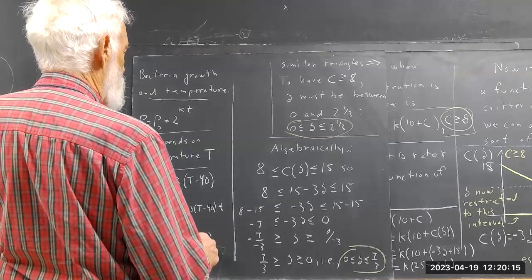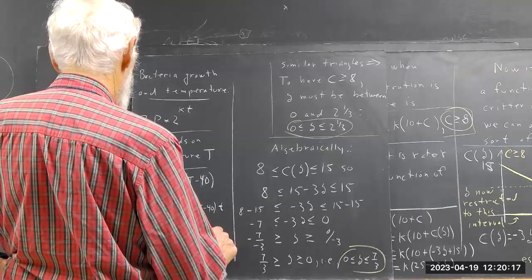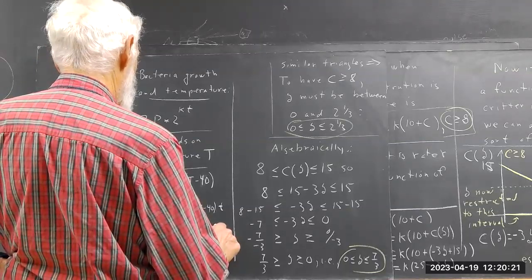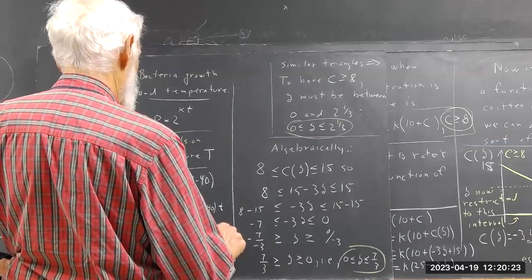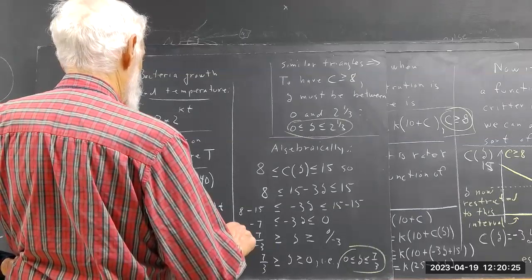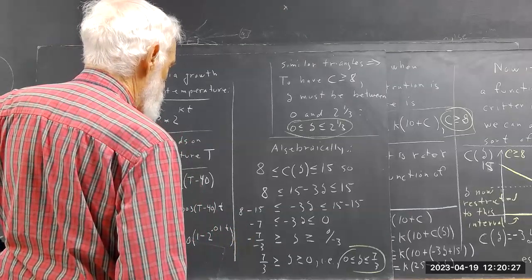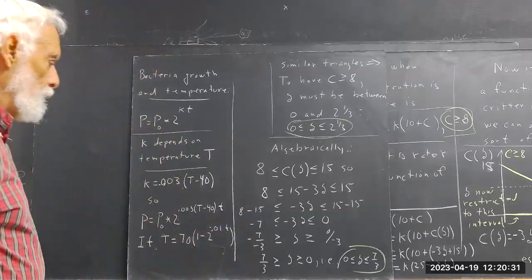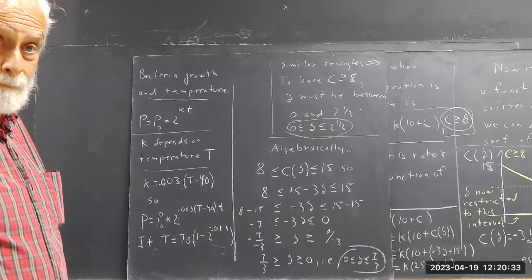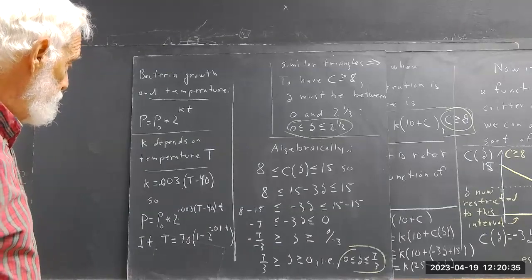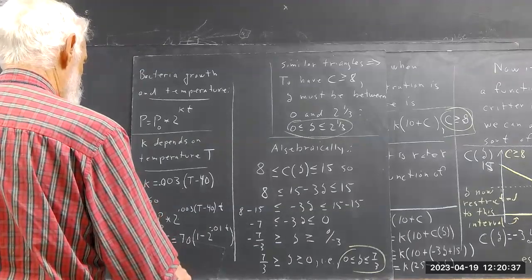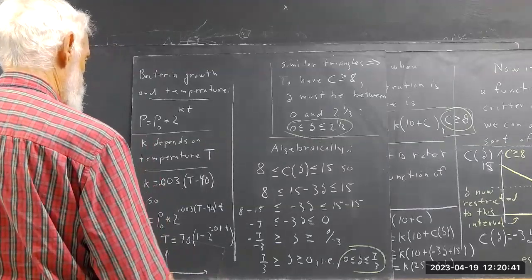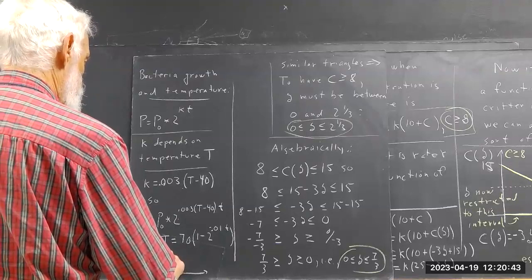So let's say we do 1 minus 2 to the negative 0.01 T. If you graph that function, it looks like this.